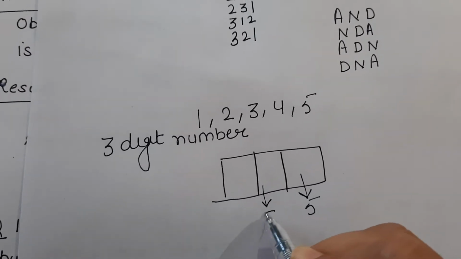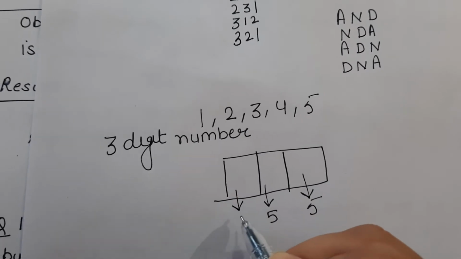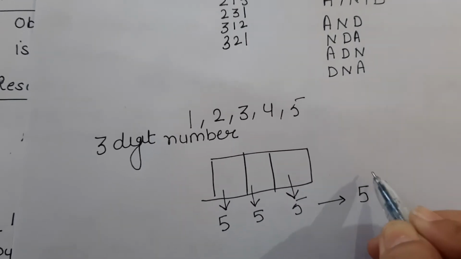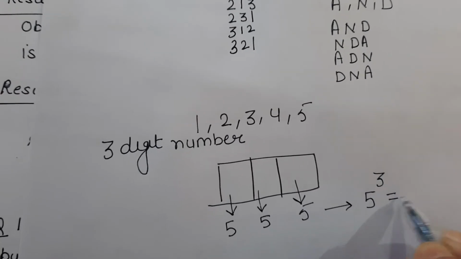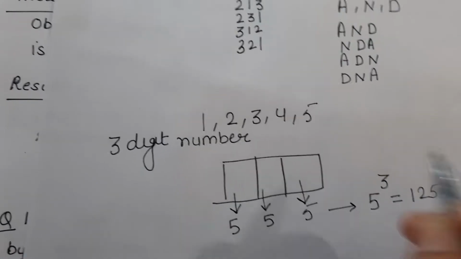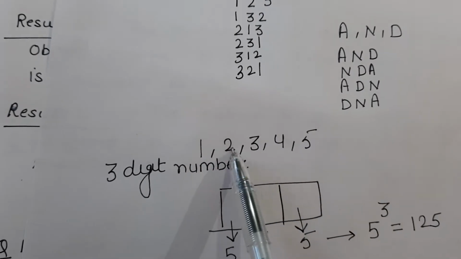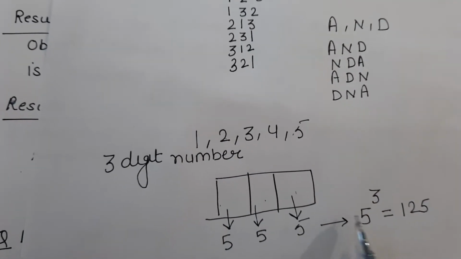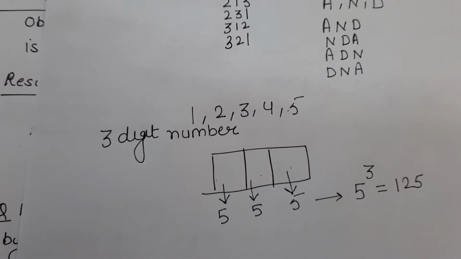So this place can also be filled in 5 ways and this place can also be filled in 5 ways. So the ways are 5 raised to the power 3 or 125. So the number of permutations of 5 different objects, taking 3, is 5 raised to the power 3 when repetition is allowed.